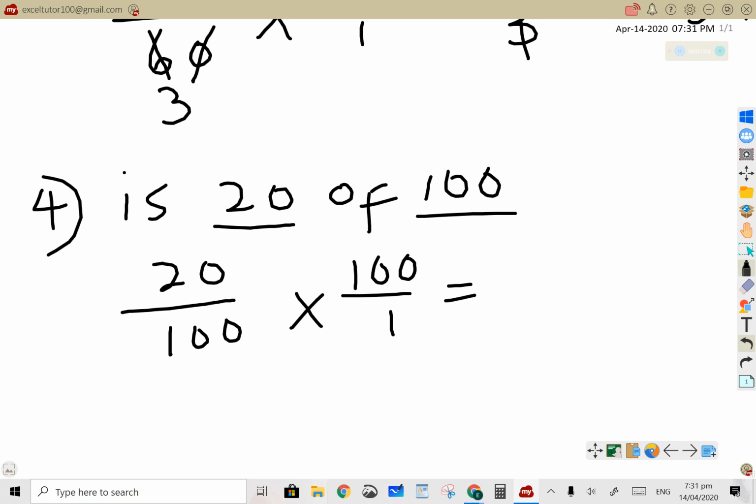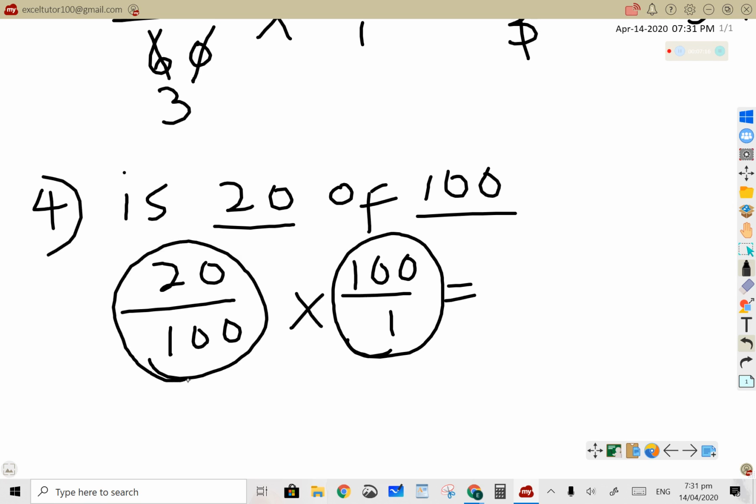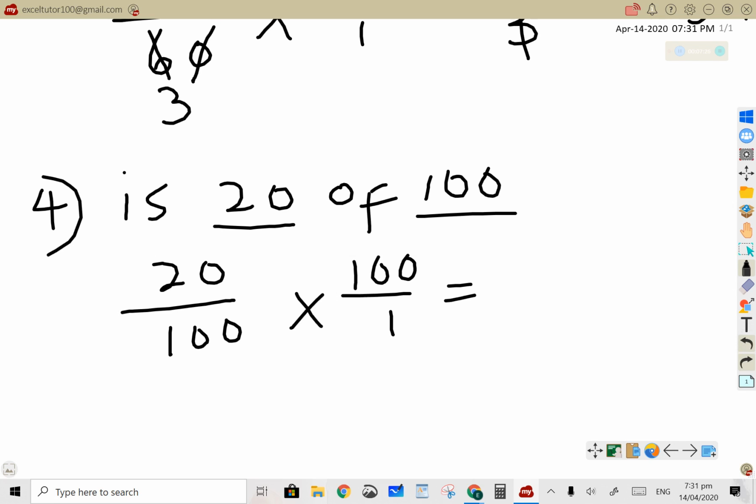Again, I'm reminding you the reason for multiplying by 100 over 1 is to take the fraction that we have created and change it to a percentage. So first we establish a fraction, which is 20 over 100, and then we convert it to a percentage by multiplying by 100 over 1.